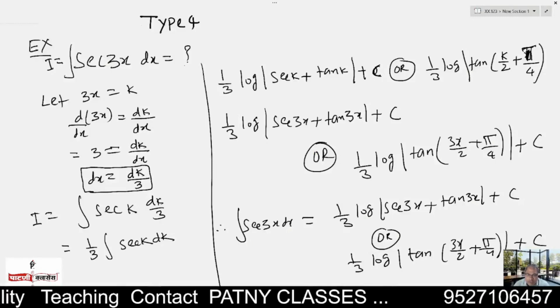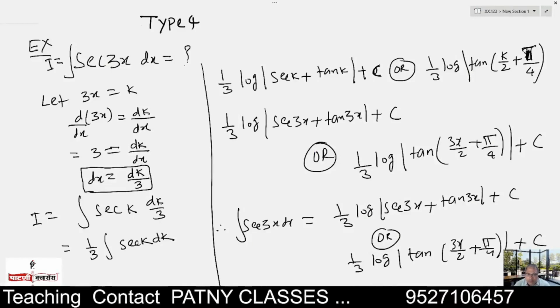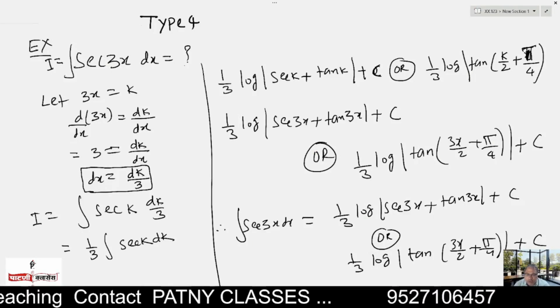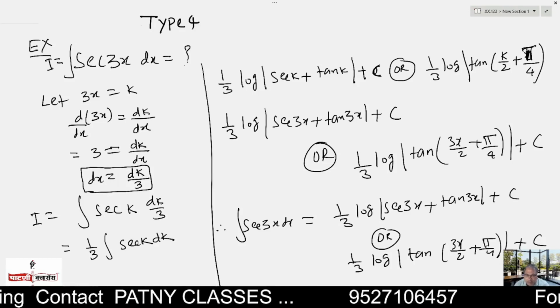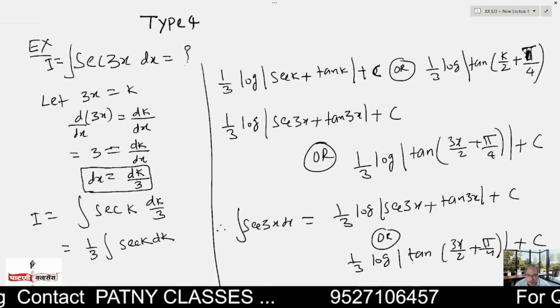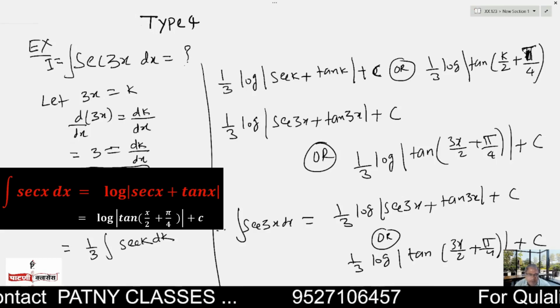Integration of sec 3x with respect to x. Here I put 3x equals k, then I got dx equal to dk by 3, then 1 by 3 taken out of the operation, 1 by 3 integration of sec k with respect to k.